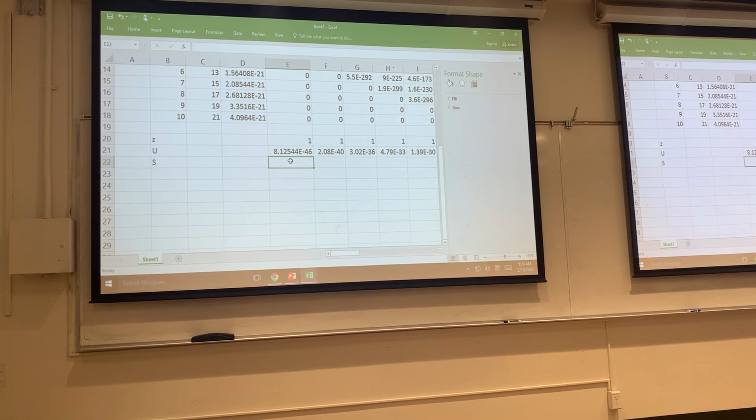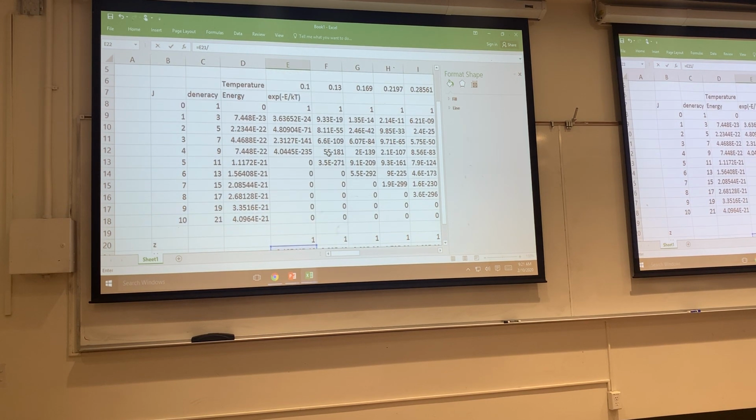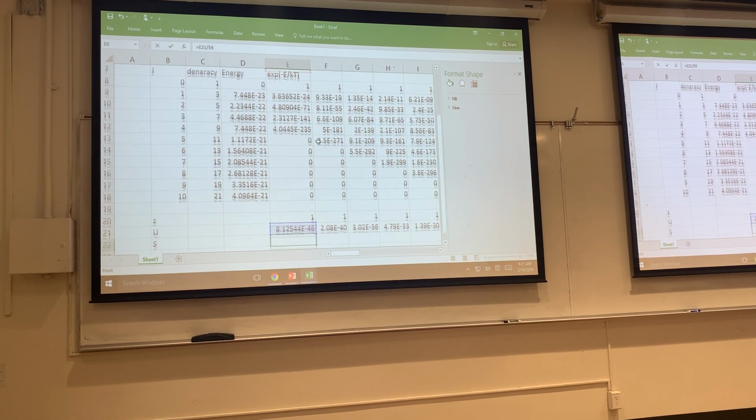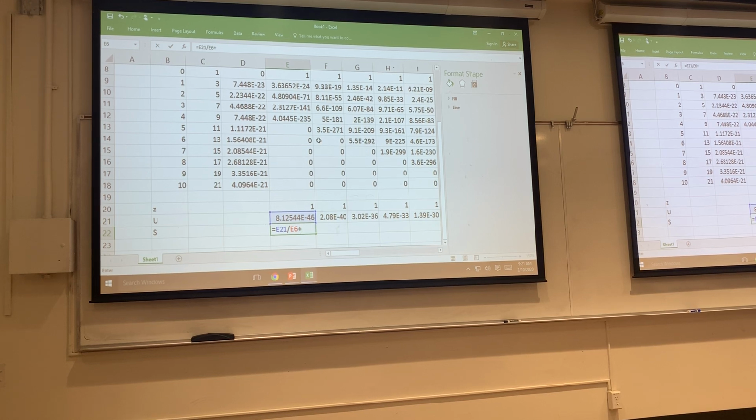And if I wonder what is the entropy of the system, then that was U over T, U divided by T, plus k, that was k_B here, times the logarithm of Z, right? That gives me the entropy of the system.